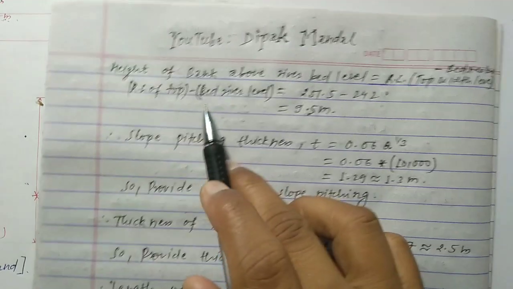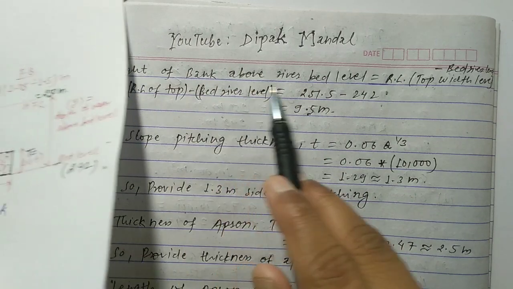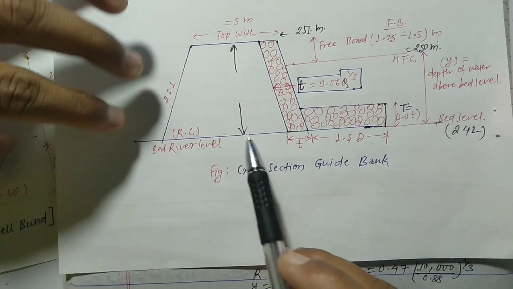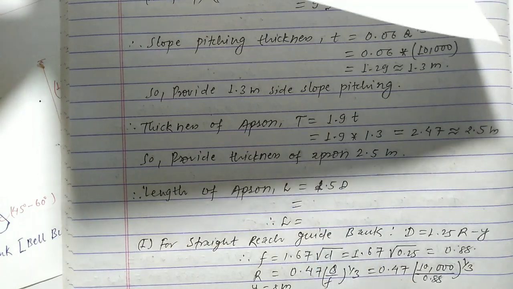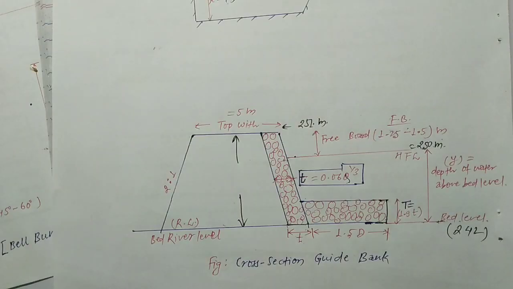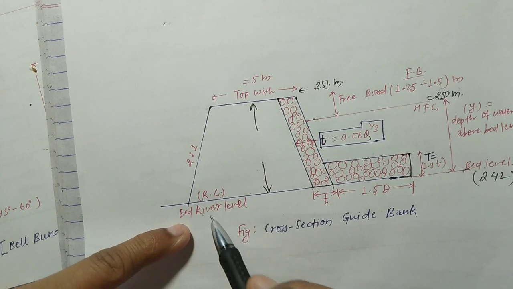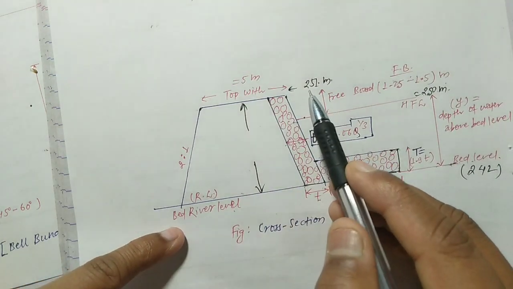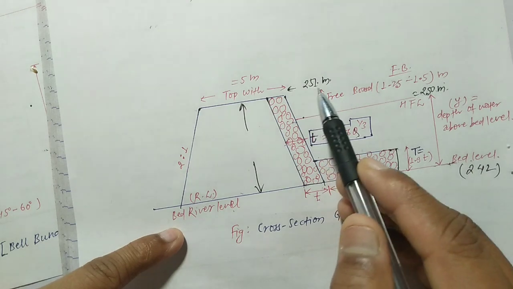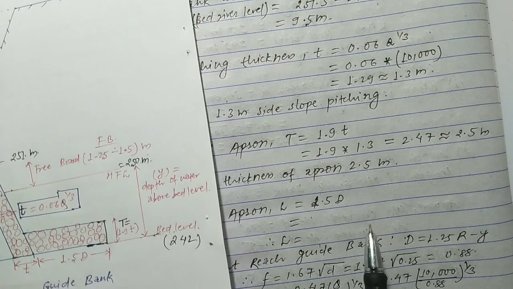Now we have to calculate the height of the bank above the river bed level. Okay, the height of the bank above the river bed level. You can see here this is the river bed level, and this is the top width, and this value is 251 meter, and this value is 242 meter.